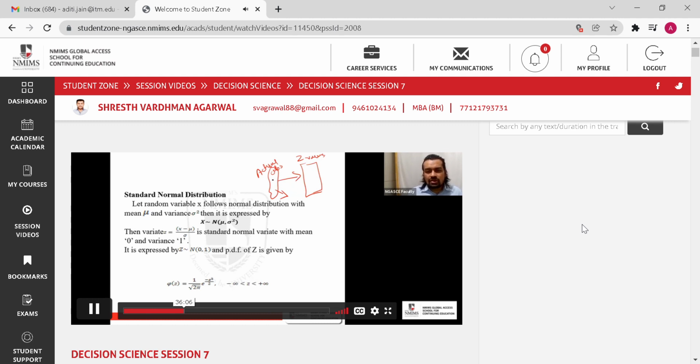If it is a measurement of liquid quantity, then it is in liters. But if you convert into the Z value, all are comparable. So this is going to be unit free.